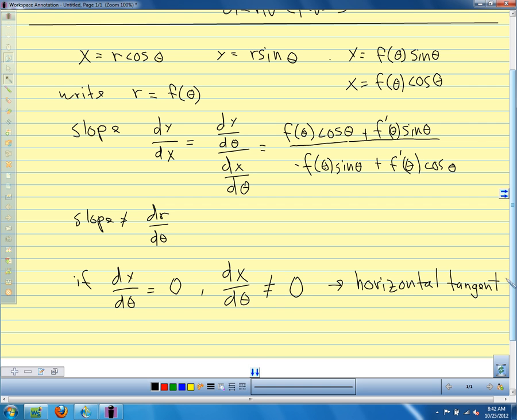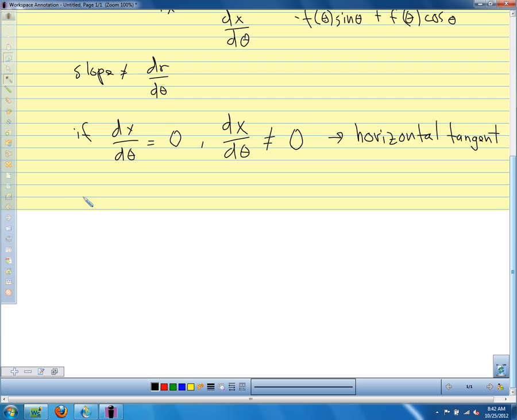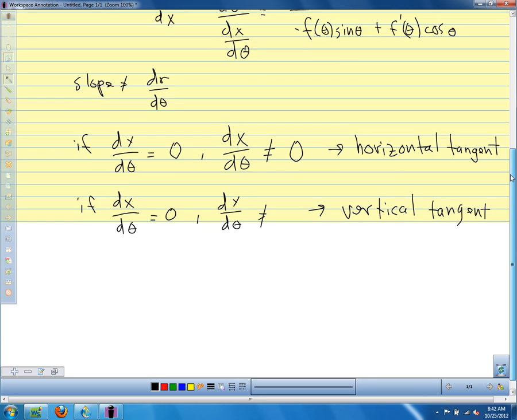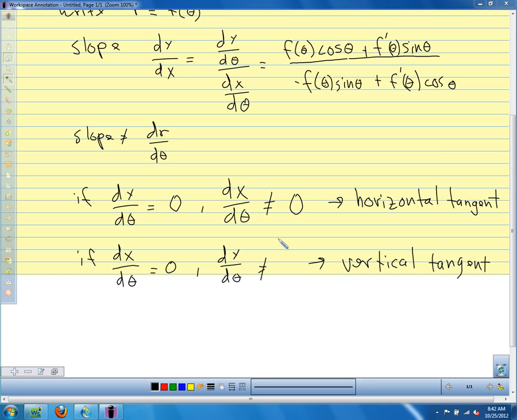And then the opposite conditions give us a vertical tangent. If dx d theta is 0 and dy d theta is not 0, we get a vertical tangent. So our conditions are the same as we talked about for parametric equations. We're just using our parameter theta, with our normal representations in polar coordinates.